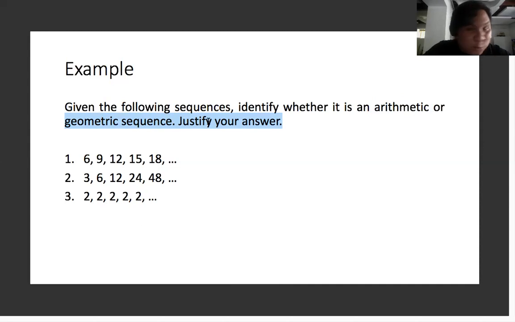So as usual, if you would like to try this out on your own, you may pause the video, try to answer this on your own, and then later unpause it so that we can actually see the solution and the answers.